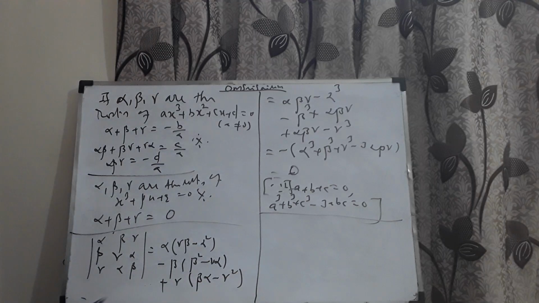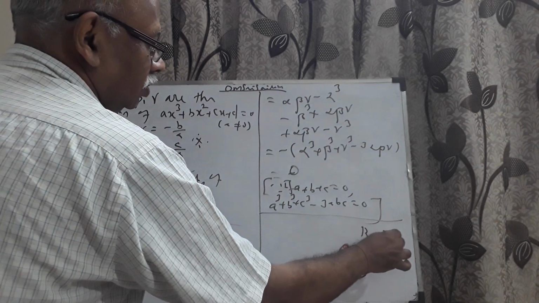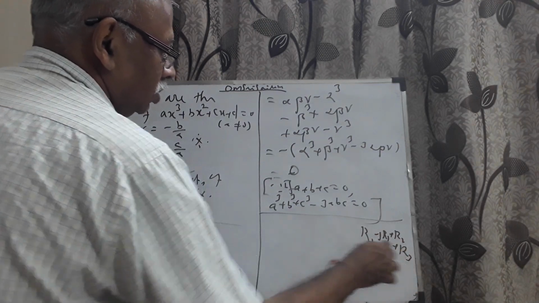Actually, you are not having properties of determinants this year in your syllabus. If you apply the properties, it is always easier. Just apply R1 going to R1 plus R2 plus R3. It's not supposed to be applied in the present year's answer paper, since it is deleted from the syllabus. Just apply this.